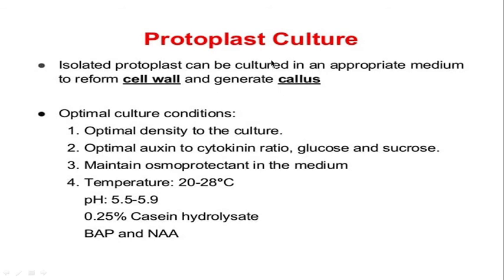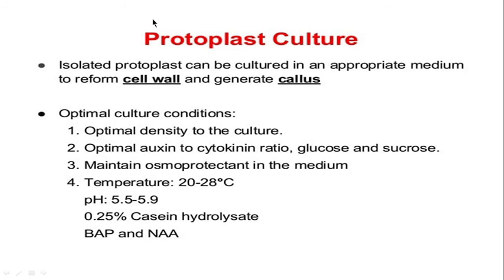For culturing the protoplast, the first treatment given is enzyme treatment, that is enzyme pectinase or macerozyme enzymes. They are used for degrading the cell wall as well as the middle lamellar region of the cell wall, and due to degradation of that the cell wall gets removed.